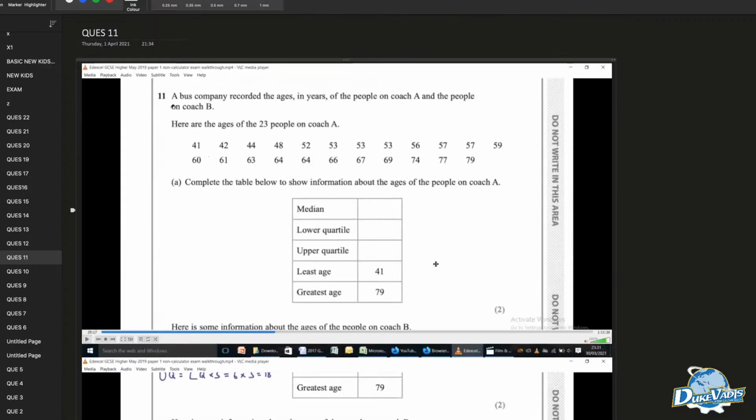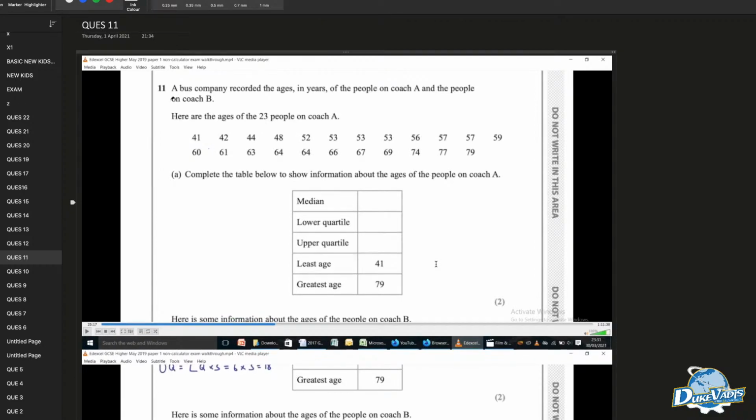Alright. Let's look at the question very carefully. A bus company recorded the ages in years of the people on coach A and the people on coach B. Here are the ages of the 23 people on coach A. Complete the table below to show information about the ages of the people on coach A. So the first thing is that we should fill the table.